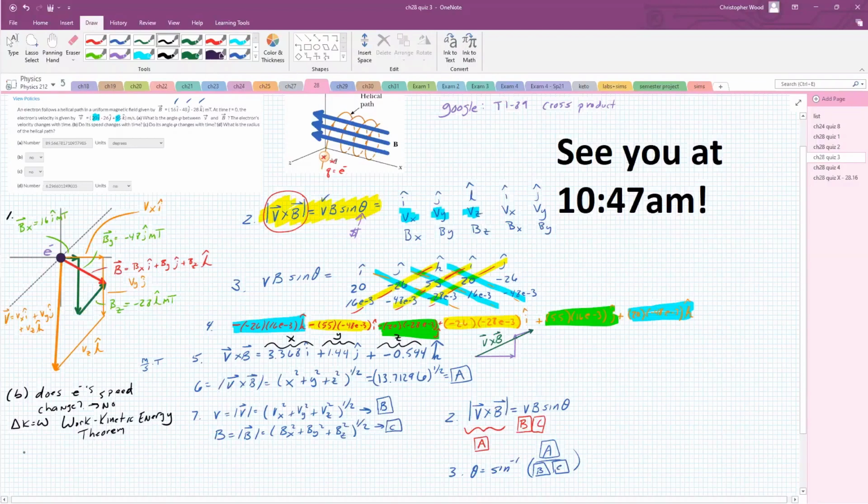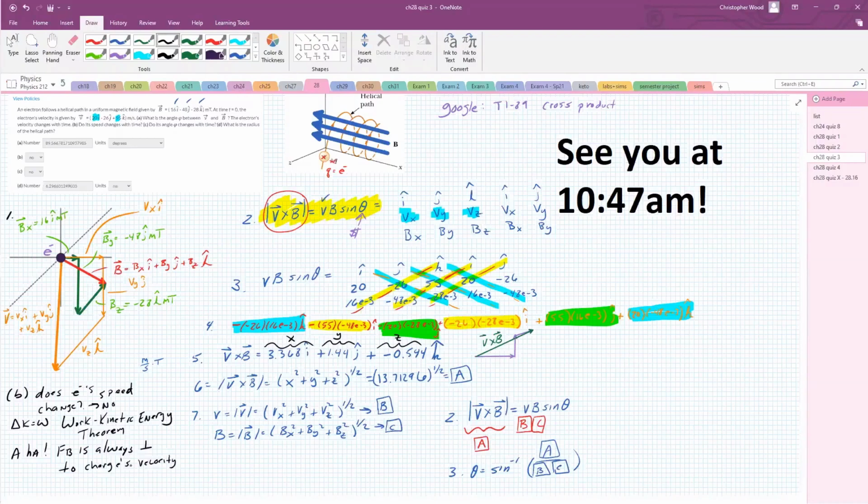All right, so then here's the other takeaway. Aha. The magnetic force is always perpendicular to the particle charge's velocity. And if you want to ask the question why, it's the parental response, because I said so.